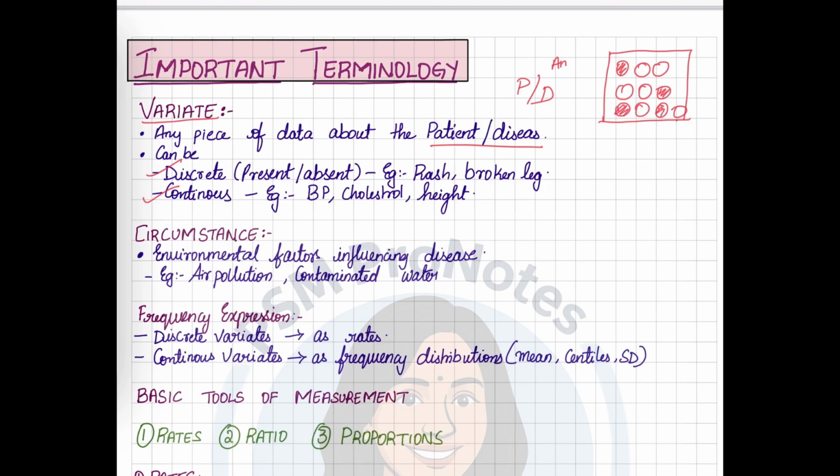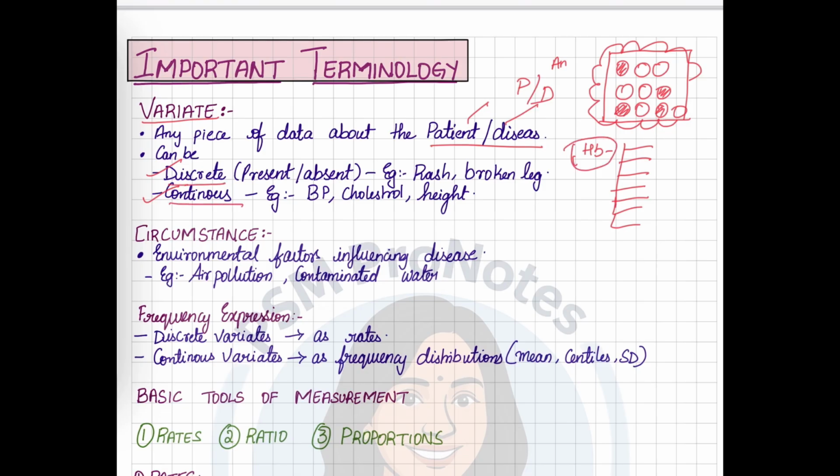We have gone house to house, covered every house, interviewed everyone, and checked their Hb levels. So we have got the data listing all the people and their Hb values. This is a piece of data about the patient or disease. This is a variate. Next, this variate can be discrete or continuous.